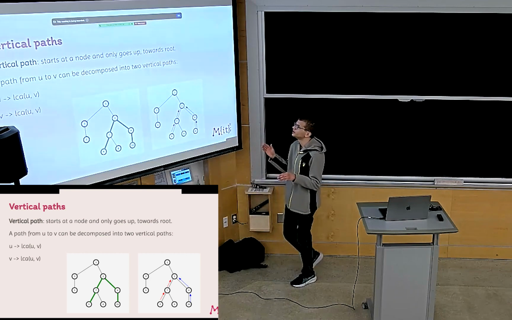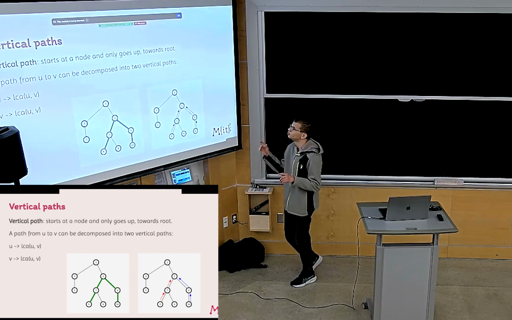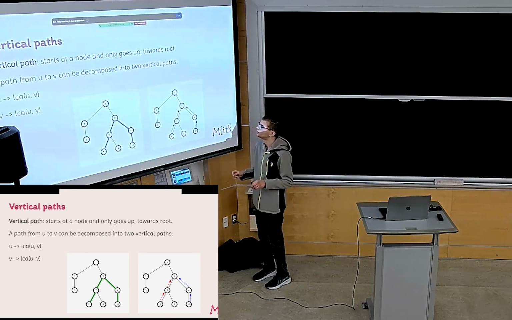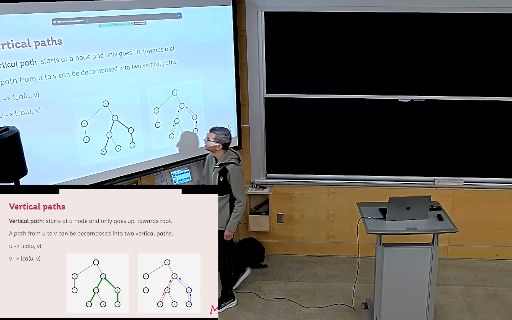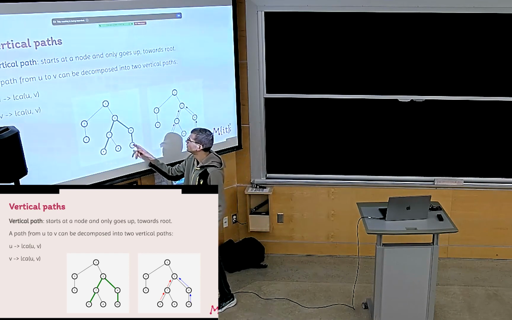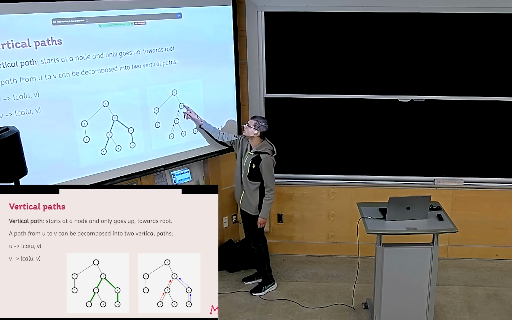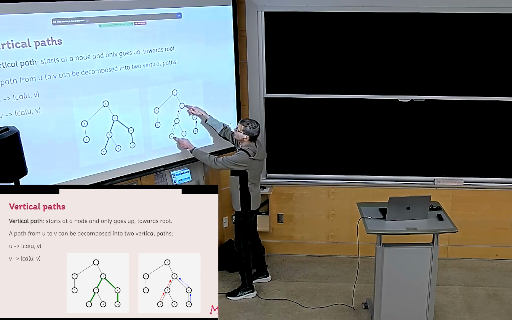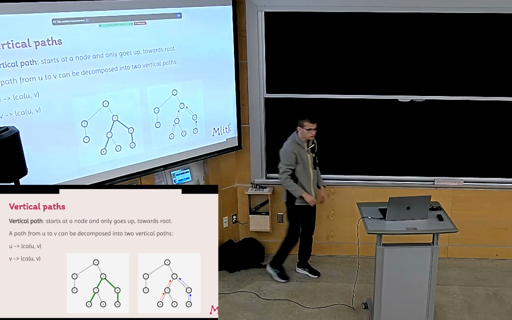And the way you do this is by finding the lowest common ancestor of the two nodes between which the simple path is defined. So, for example, in this tree, if we have the path from 9 to 10, and we want to decompose it into two vertical paths, we just find their lowest common ancestor, and we have one vertical path going from 9 to 2, and another one going from 10 to 2.